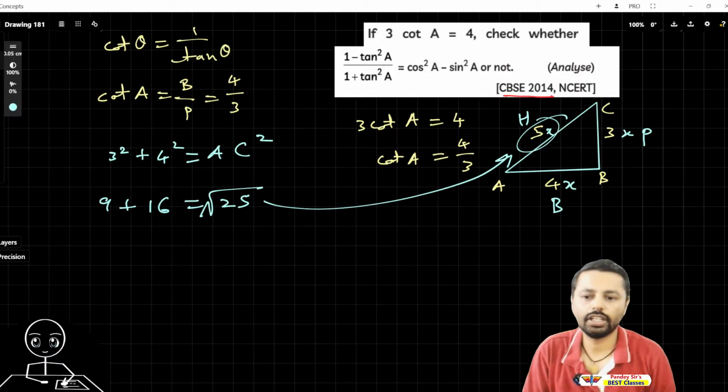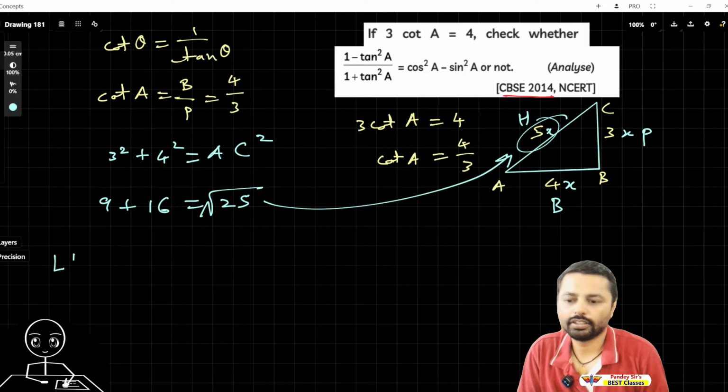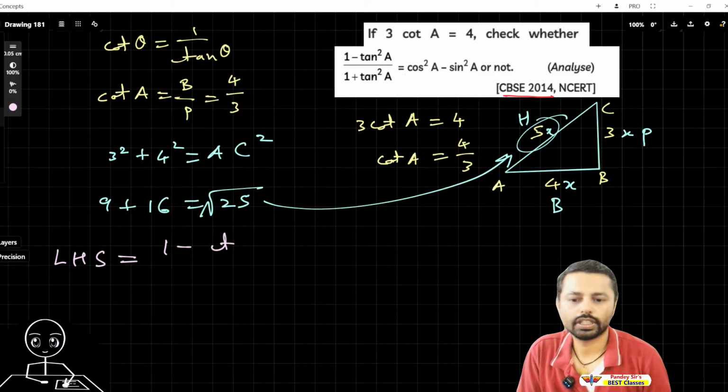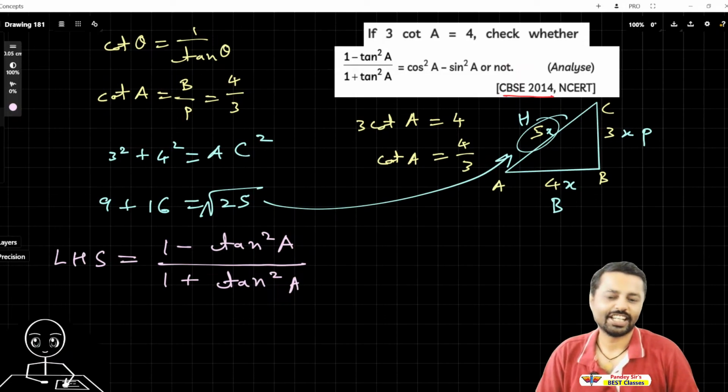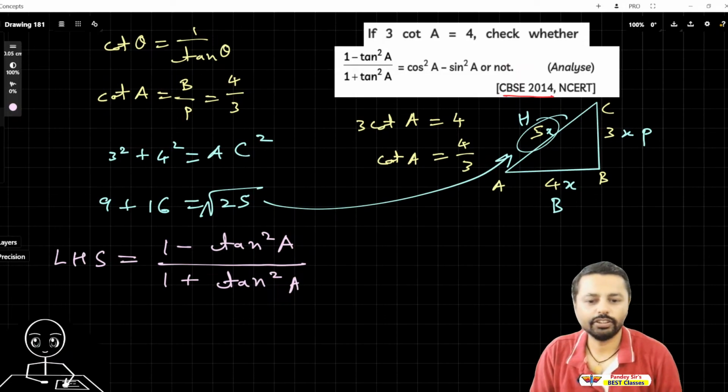Okay, so the left hand side, LHS, I'll use another color. LHS equals (1 minus tan square A) by (1 plus tan square A). Let's carry on with its value. What is the tan square value?